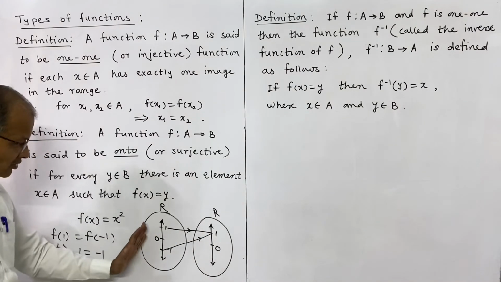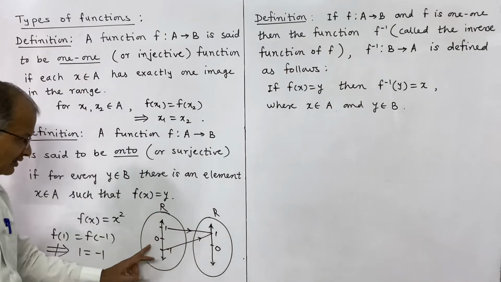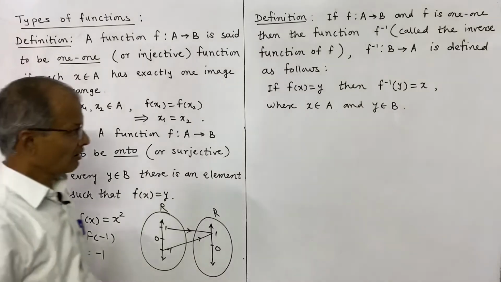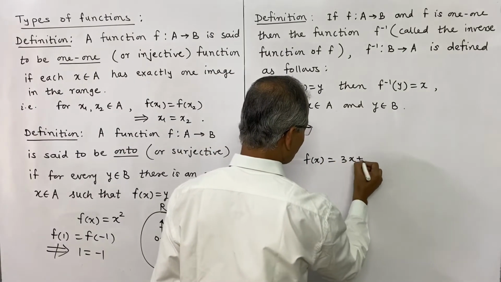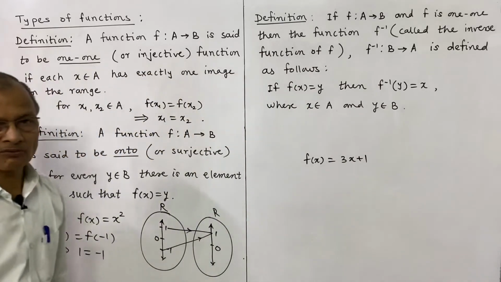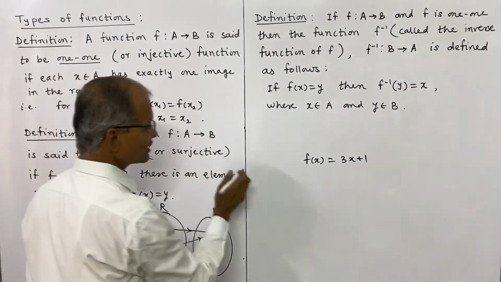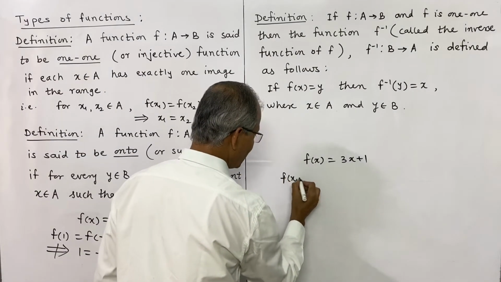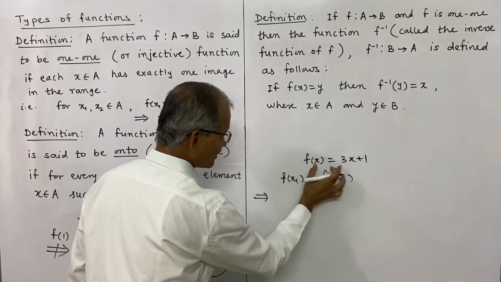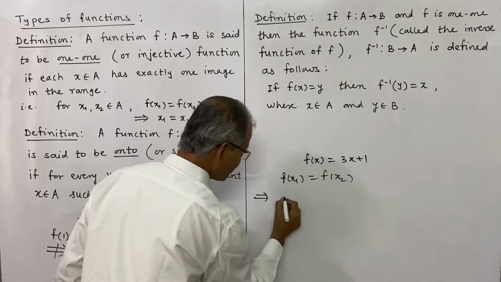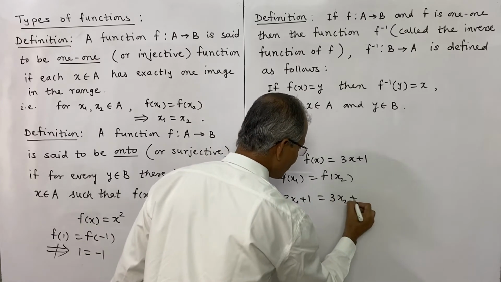So if the image of every element is distinct and conversely, then the function is said to be 1-1. For example, if you consider f of x equal to 3x plus 1, then this function will be 1-1. By the definition, if you consider f of x1 equal to f of x2, what will that imply? f of x1 will be 3x1 plus 1 and f of x2 will be 3x2 plus 1.